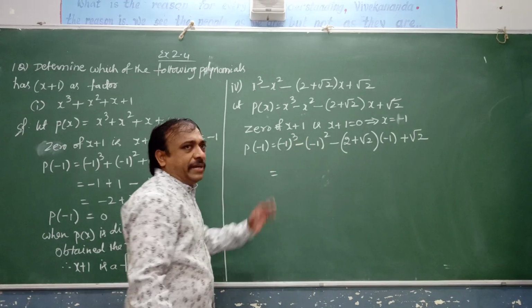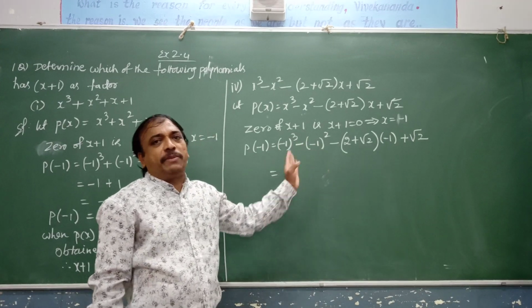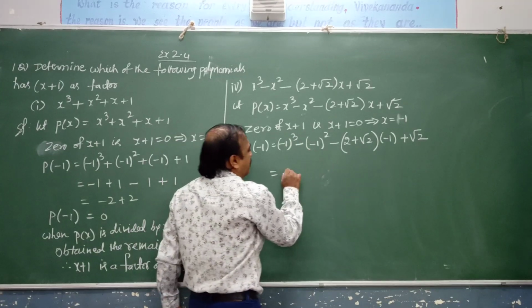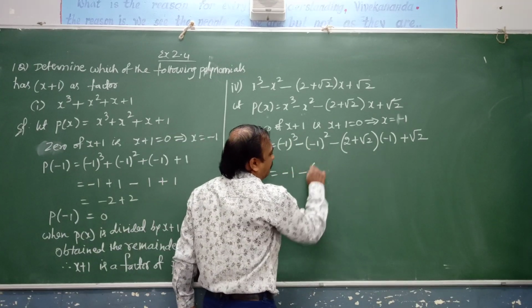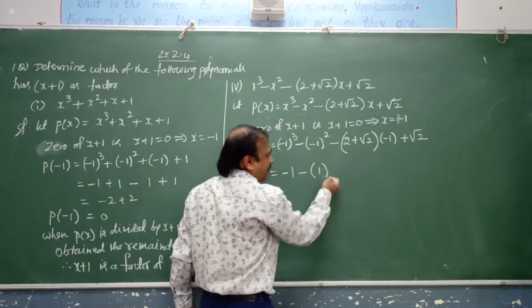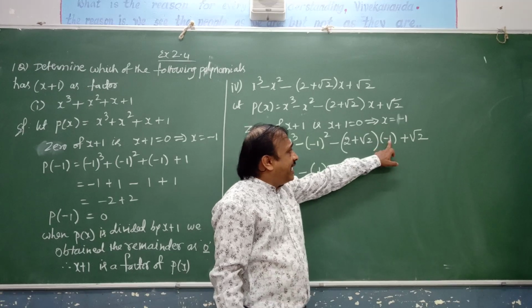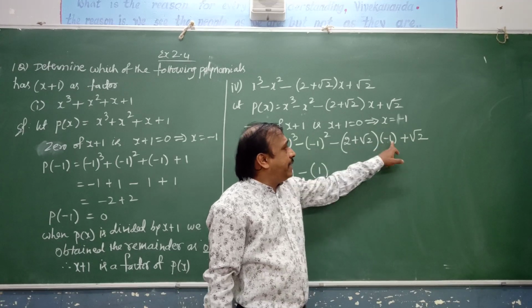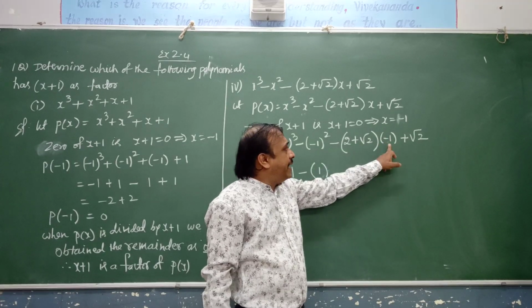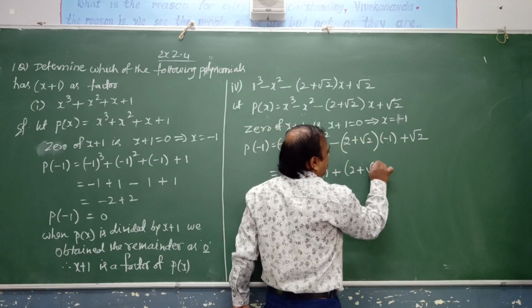Minus 1 whole cube, again minus into minus, gives minus 1 minus of (minus 1) whole square, that is plus 1, then minus, look here, minus 1 into minus 1 into minus into minus, plus 2 plus root 2.